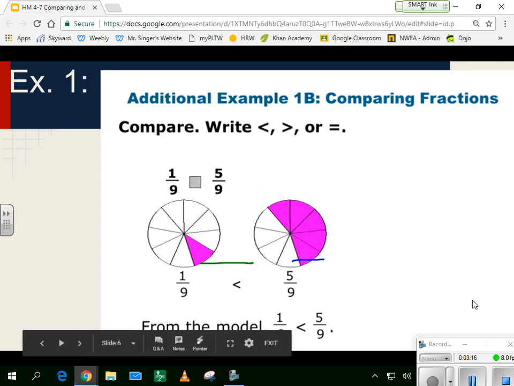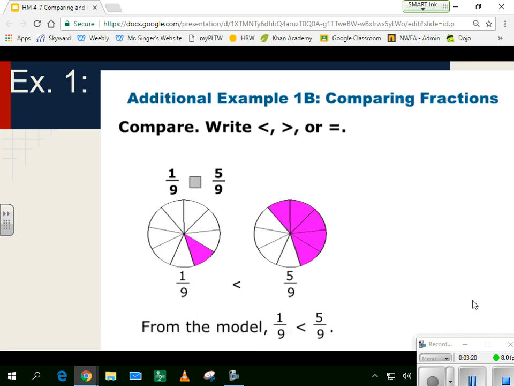All right, here's another one. Let's say we had like denominators, like fractions here. And you can see that we have 1/9 and 5/9. Again, I made 2 drawings to help you. A pie broken into 9 pieces is what I did. And if we look here, the 1 looks a lot different than the 5. You can see that 5/9 is greater.